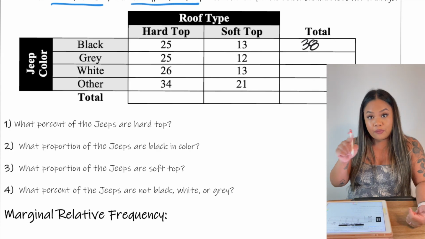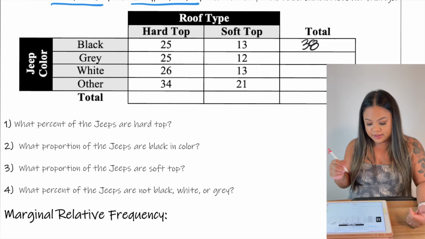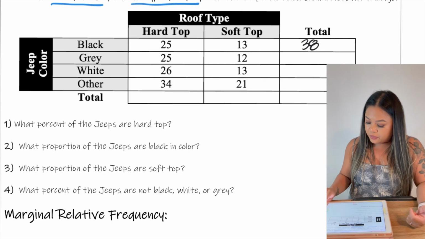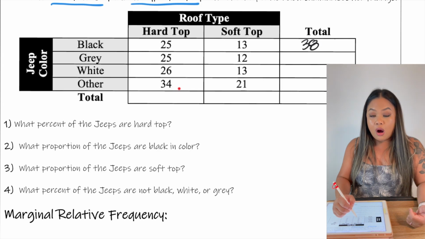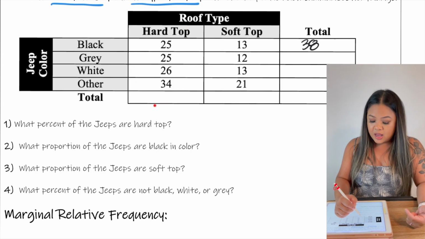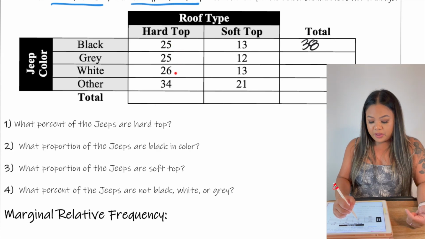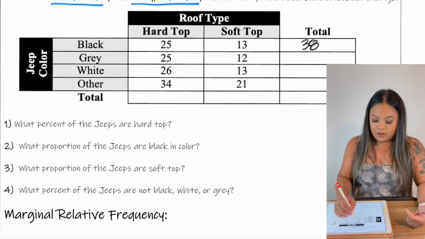Then I'm just gonna jump over to the next category real quick, just so you can see. For hard top, which is this category right here, these are all the hard top Jeeps. Doesn't matter what color, it's just hard top Jeeps. 25, 25, 26, and 34, these are all hard tops. Let's try and add these all together in my head. 5 plus 5 is 10, 6 plus 4 is 10, that's 20.